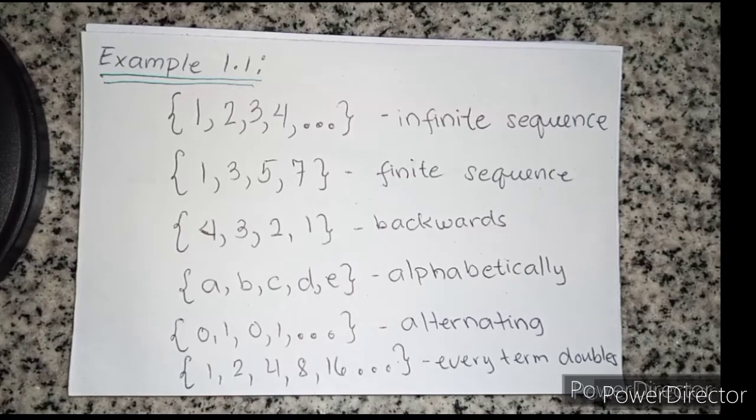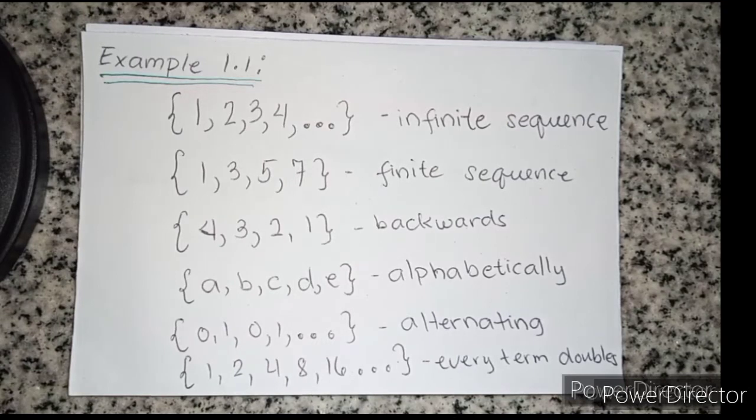Okay. Next, we have 4, 3, 2, 1. This set, we call a backward set. So it's also a sequence. Next, we have a set of alphabet: A, B, C, D, and E. So it is also a sequence. Next, we have the set of 0, 1, 0, 1.